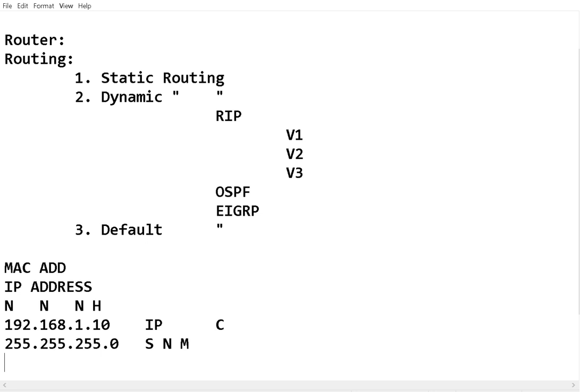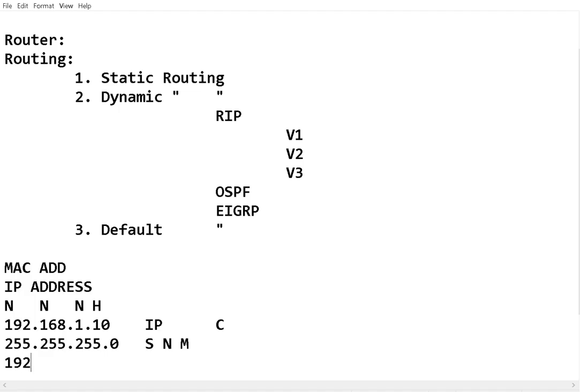One network contains only one default gateway. The whole system can communicate with the help of that default gateway only.